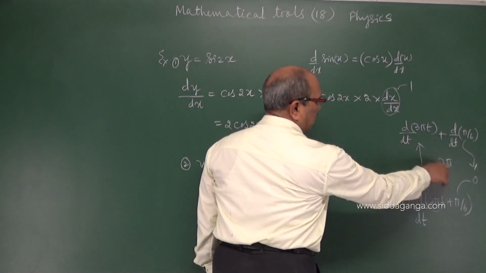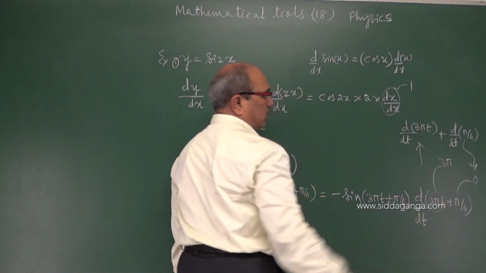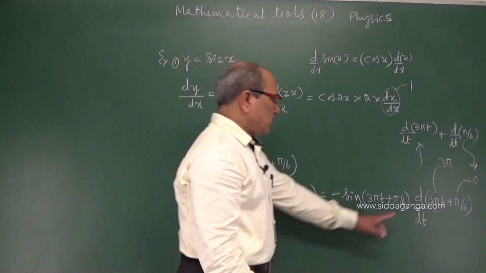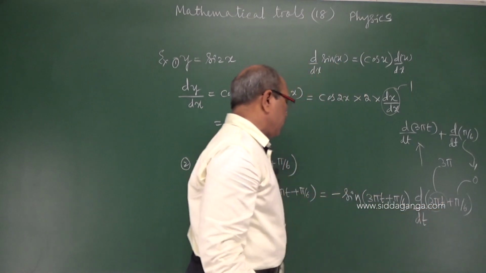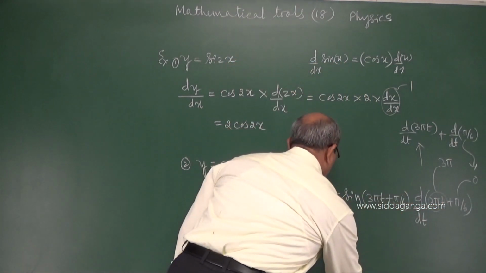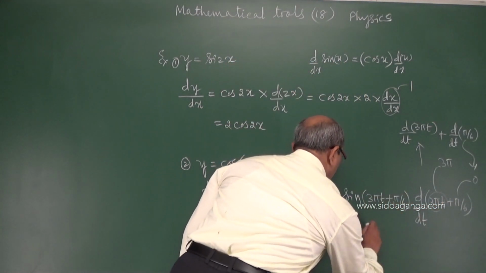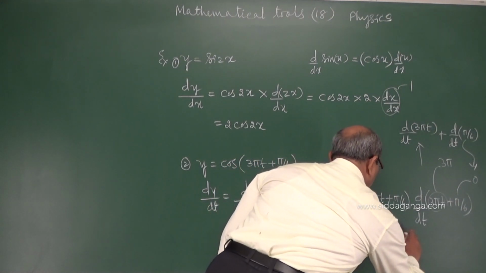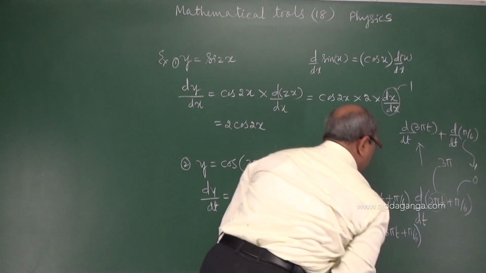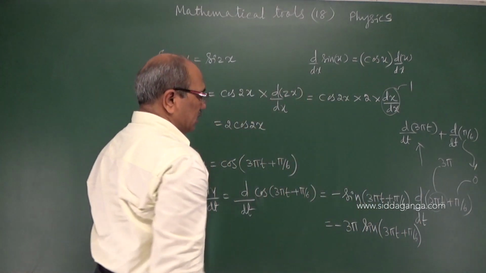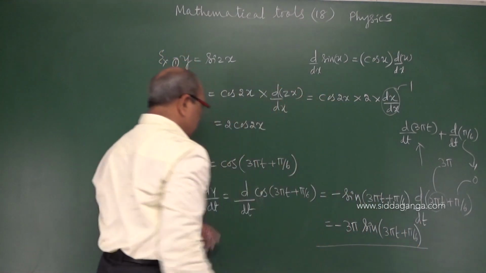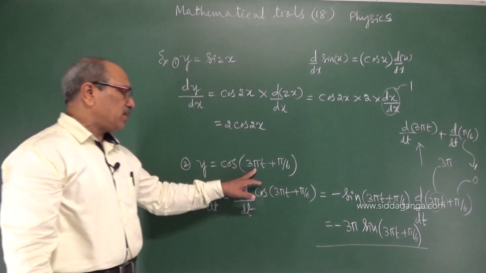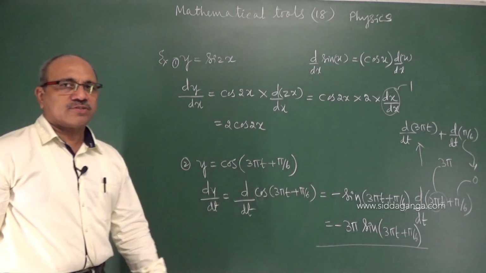You bring 3 pi out, dt by dt is 1. Therefore, the answer is 3 pi. I bring this side and write minus 3 pi into sine 3 pi t plus pi by 6. This is the differential function of cos 3 pi t plus pi by 6.